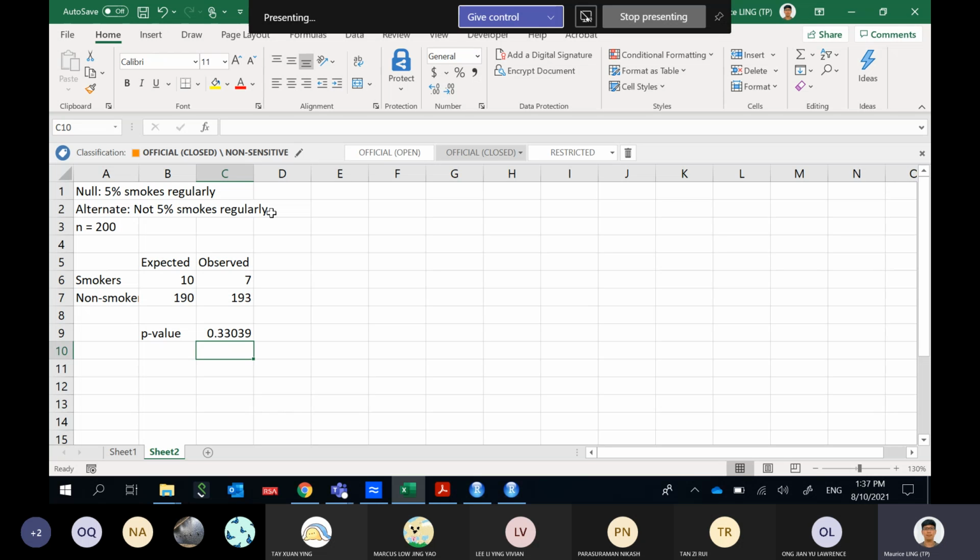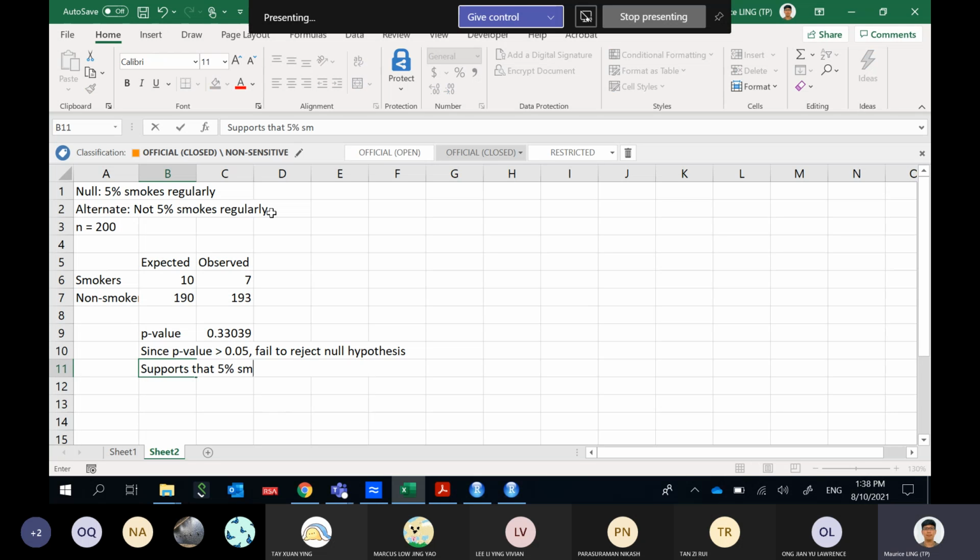If the p-value is more than 5%, you cannot reject. So now do you accept or don't reject? Right. So since your p-value is more than 5%, you fail to reject your null hypothesis. What does it mean? It reports that 5% smoke regularly. At least that's a conclusion.